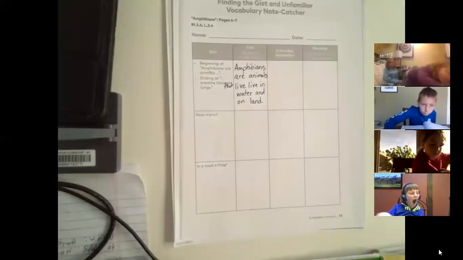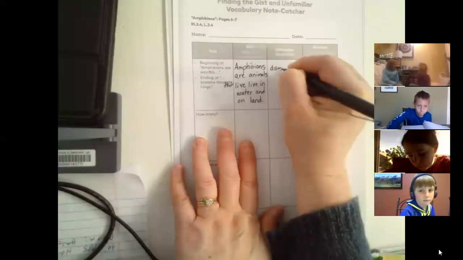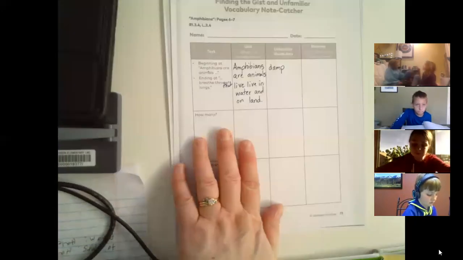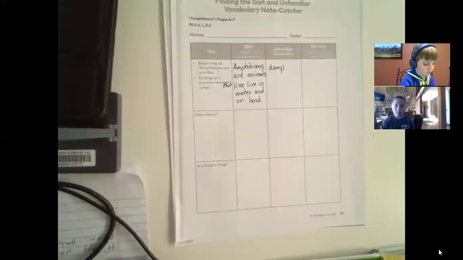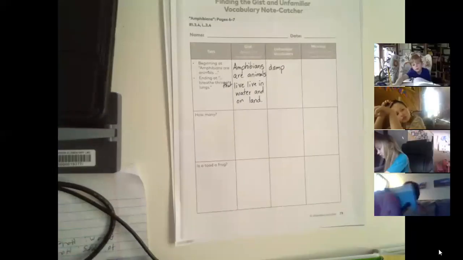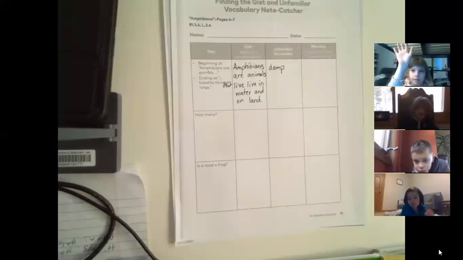But I would like to think about what the word damp means. What does damp mean? If somebody didn't know what damp meant, what would you tell them? Now we use the word dampen in a different way, when we were talking about the rain in our first module, and it had a totally different meaning.